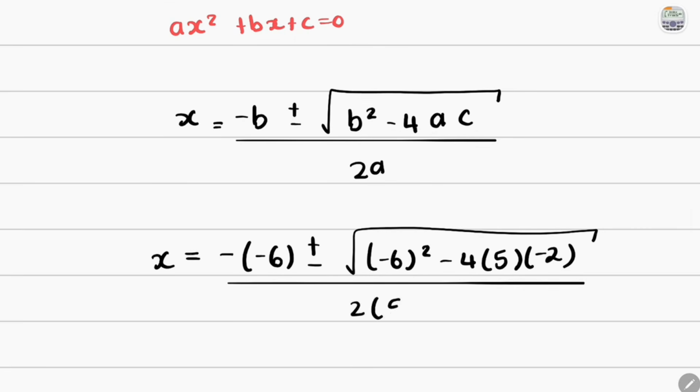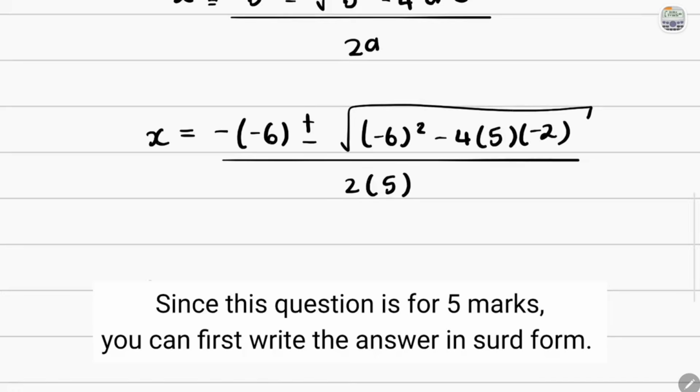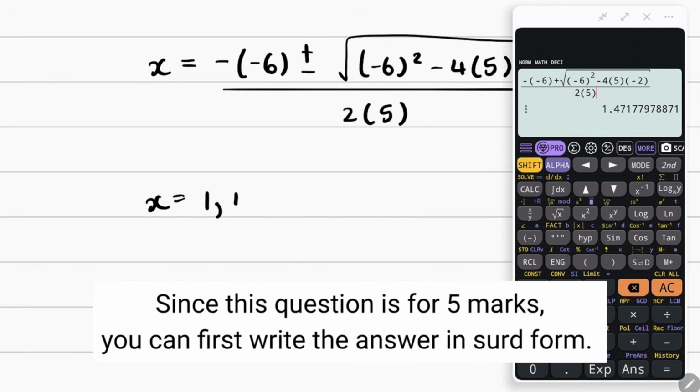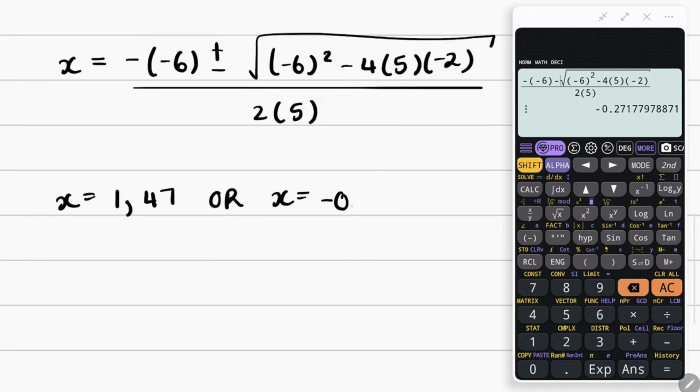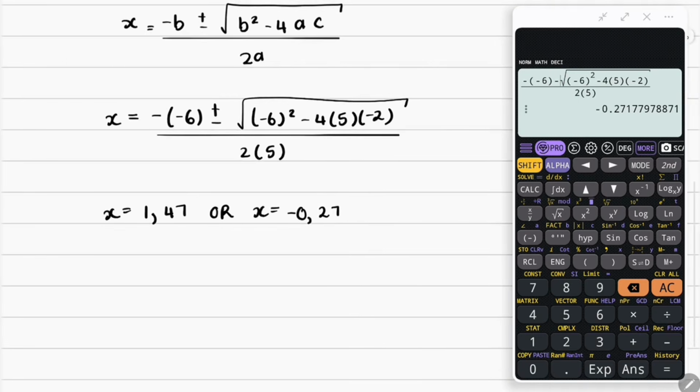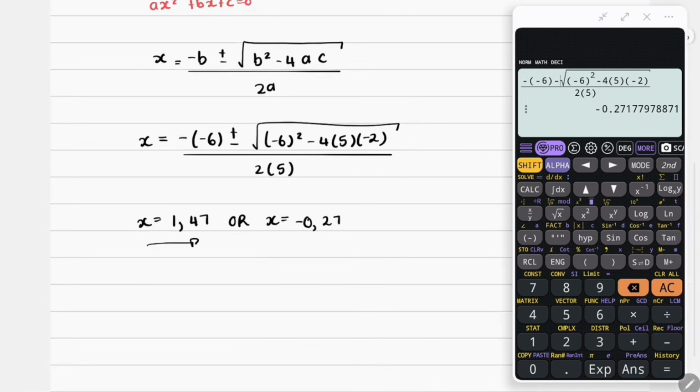And let's see what we get as our first solution, and our first solution is 1.47, or x is equal to -0.27 rounded to 2 decimal places. And those are our answers. Moving on to the next question.